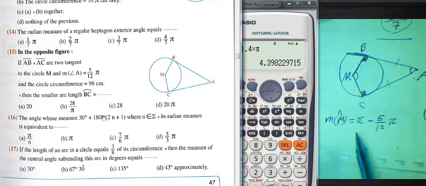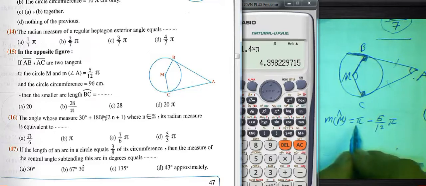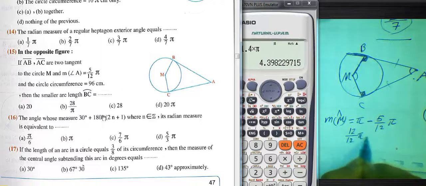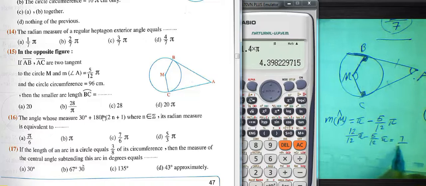So we can find the measure of M: pi refers to 180, so we write 12 over 12 pi subtract 5 over 12 pi. The result will be 7 over 12 pi.